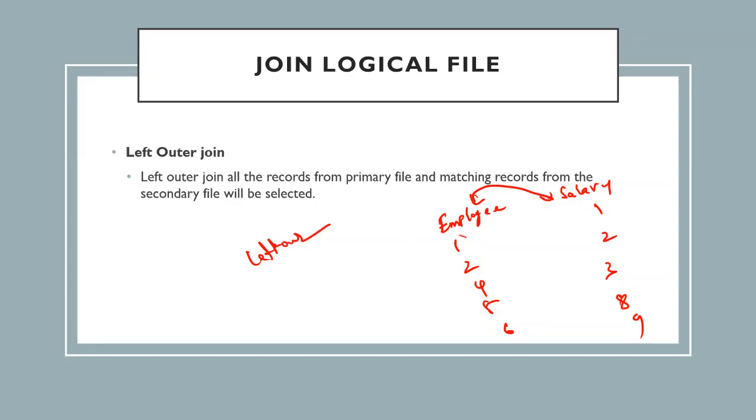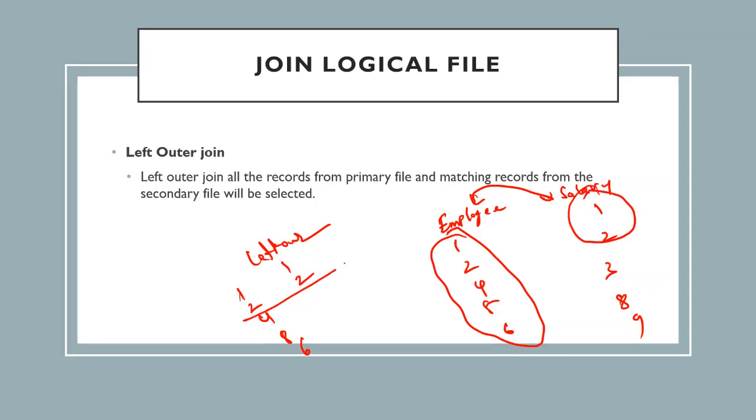You will get all the records from the employee file, 1 2 4 5 6, everything. But from the secondary file, only the matching records, 1 comma 2, will come. So you will get all the records from the primary file, and the matching records of the secondary file if you do the left outer join.